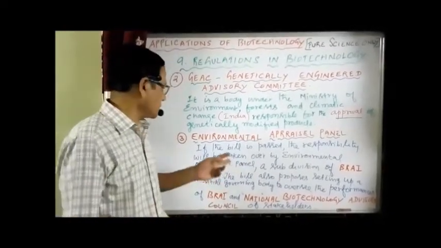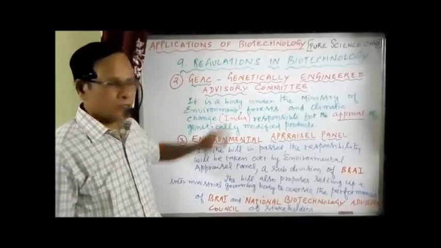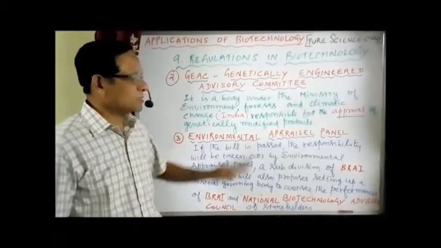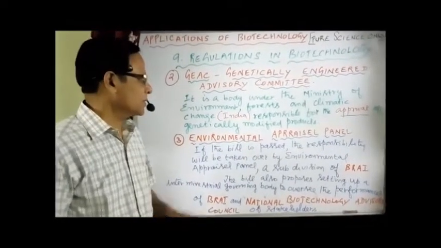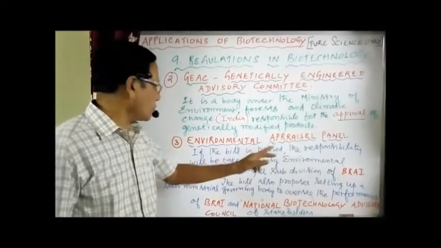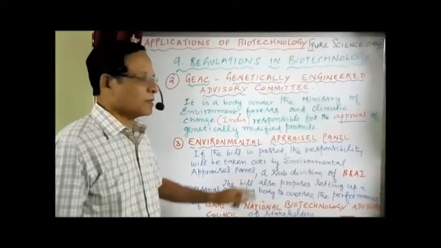What is the meaning of that? Suppose approval is given by this committee and the bill is passed. Then the responsibility will be taken over by the Environmental Appraisal Panel.